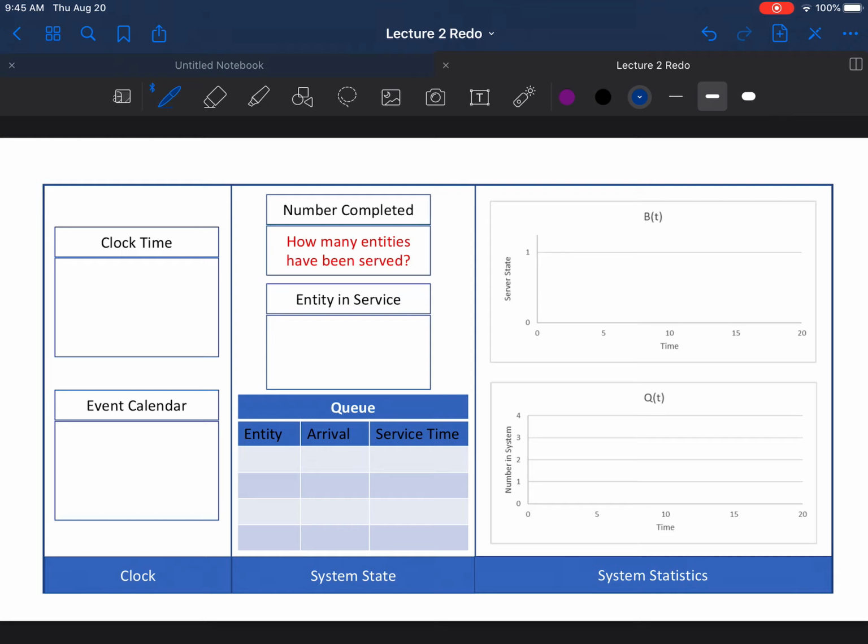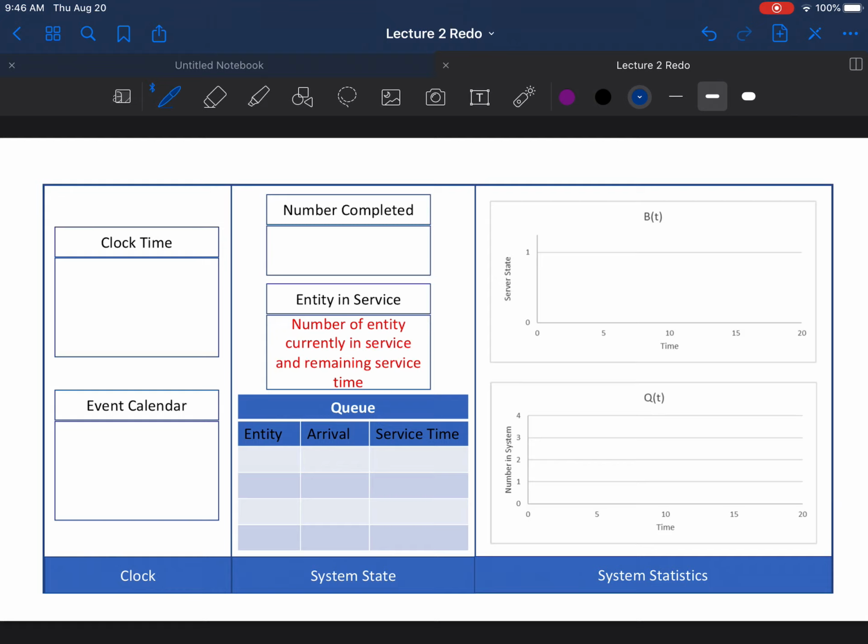Now we have the system state. We need the number completed. That's how many entities have been served. You can think of it also as how many entities have left the system. The entity in service is the number of the entity currently in service.